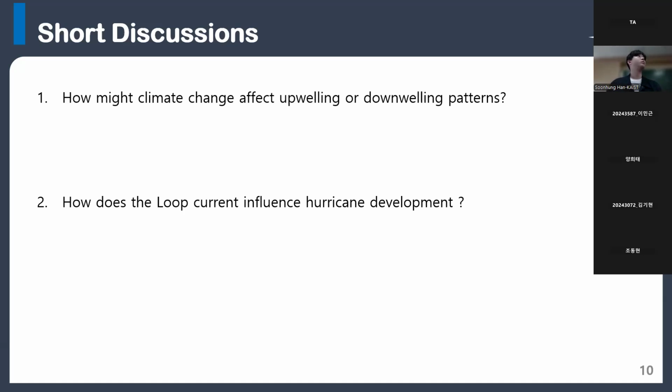But because of the melting ice, it can reduce the downwelling effect, which can in the end stop the entire Gulf Stream current. That was a very good point.